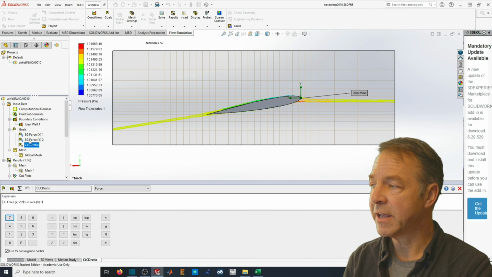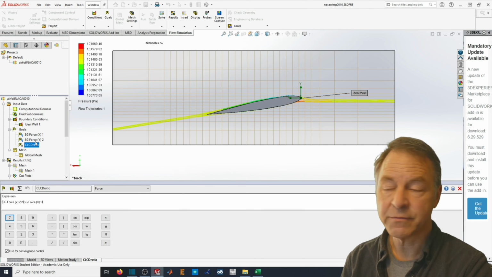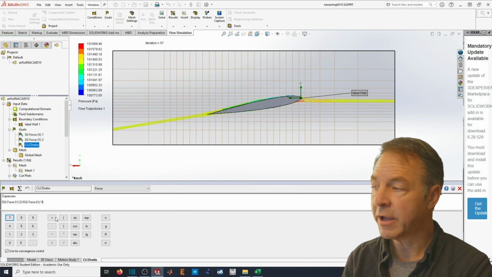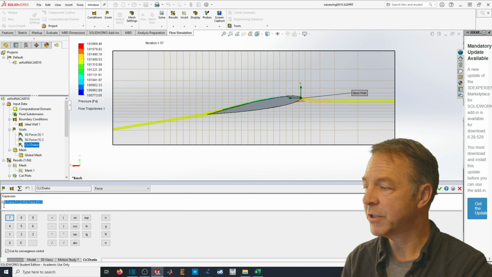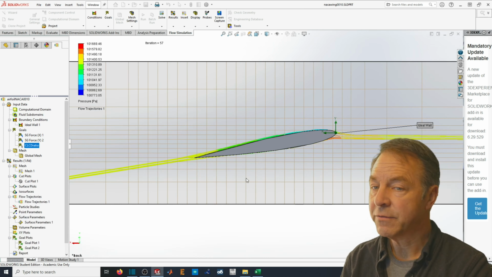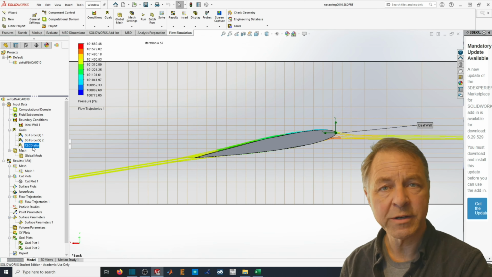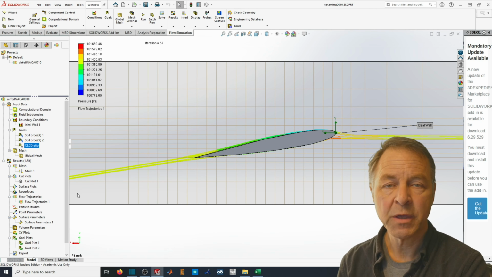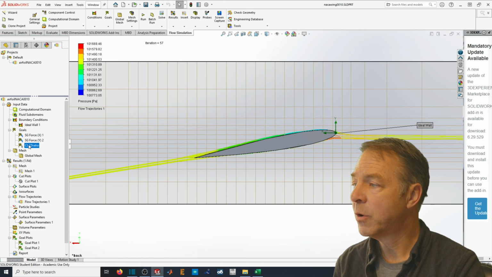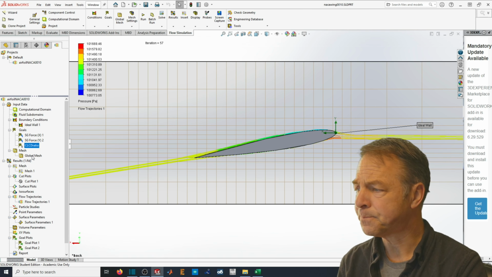In this case, I selected the surface X drag force and the surface Y drag force and did a division of the two of them, just using the calculator tool at the bottom. By doing so, I've given myself a calculated goal, which is the number that I want to test to see if this simulation is correct. So I'm going to use that in all of the simulations that I'll run.